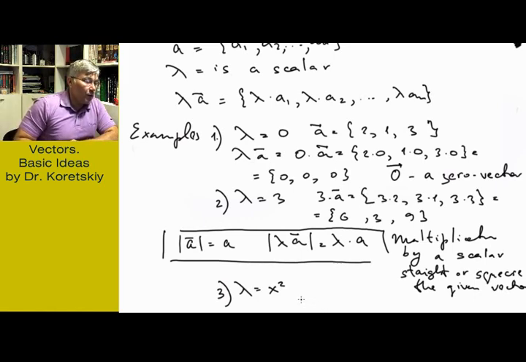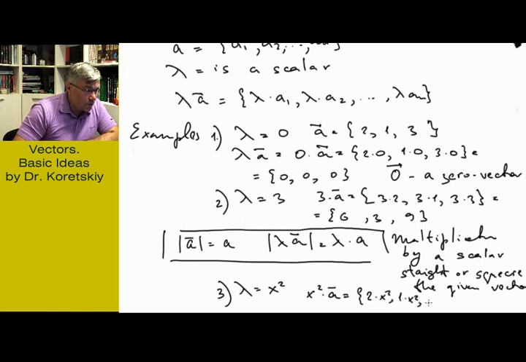You can notice that x squared is not a number, it's some kind of function. But it is still multiplication by a scalar. X squared times a vector gives you 2 times x squared, 1 times x squared, 3 times x squared. So this is the result of multiplication.